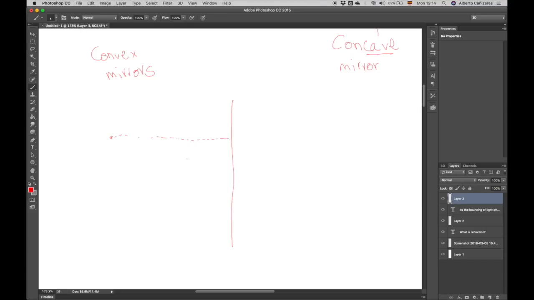Now, what happens if it comes at an angle? Well, if it comes at an angle, it would go that way and hit this part of the mirror.